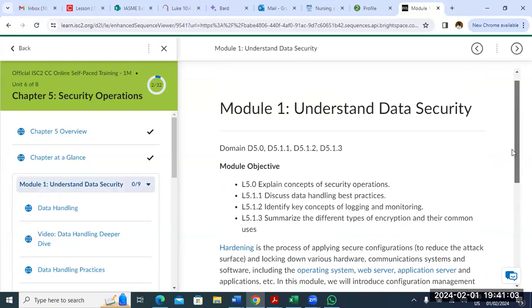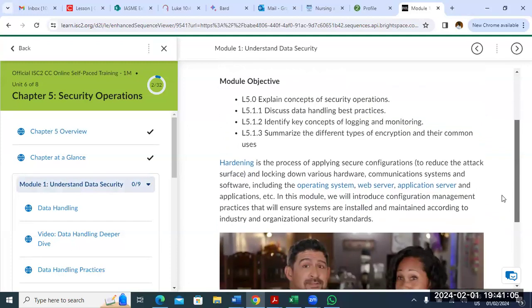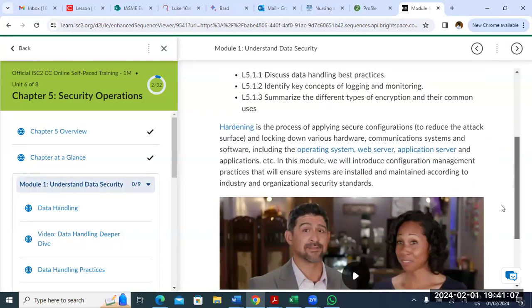Okay. Understanding data security now. Hardening is a process of applying secure configuration to reduce the attack surface. Locking down various hardware, communication system, software, including the operating system, web server, application server, and application.